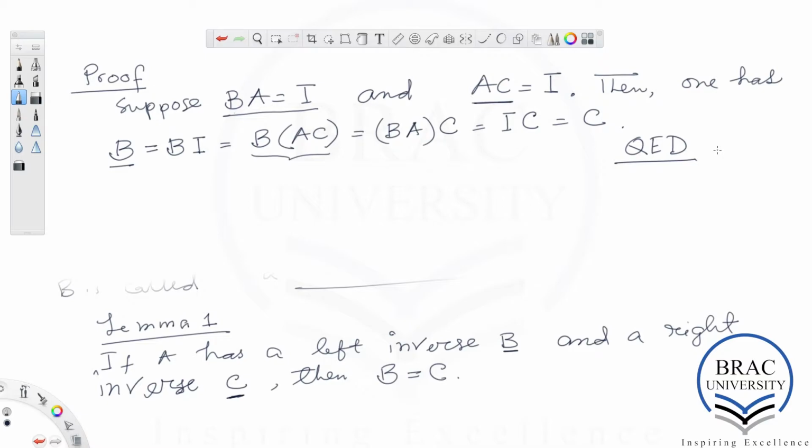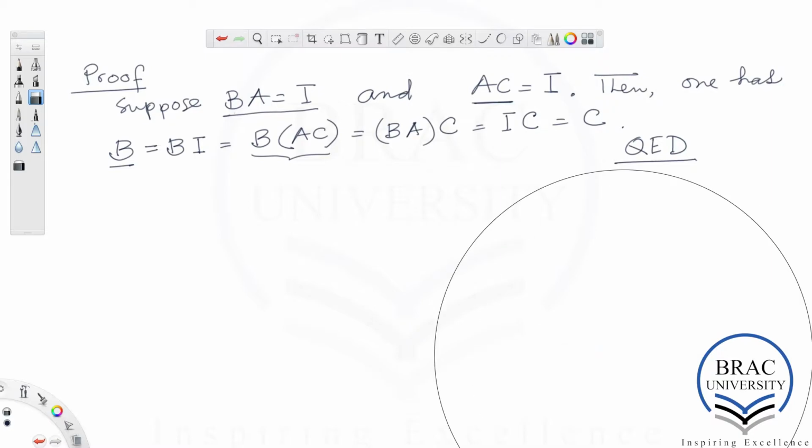Now we have the remaining part of the definition.